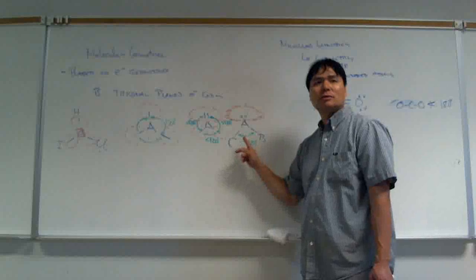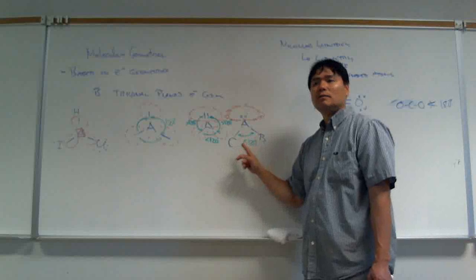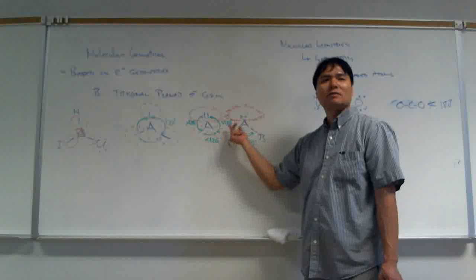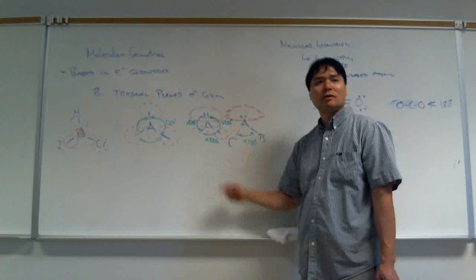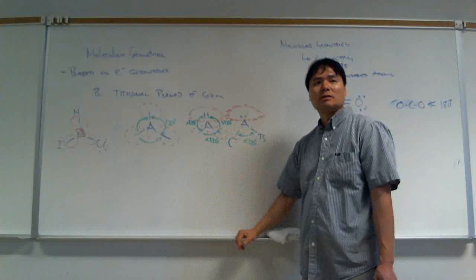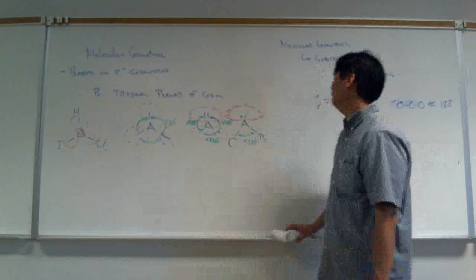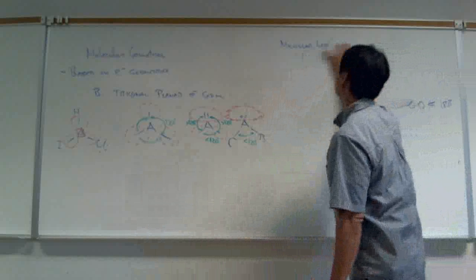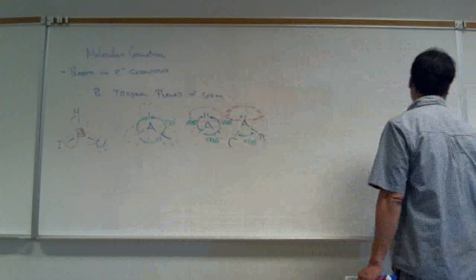So close to 120. When I say greater than 120, it can't be like 130. It's going to be close to 120, 121, 122, something like that. So the same thing happens for the double bond: the angle gets greater with more electron density.